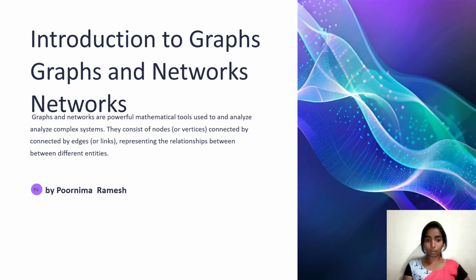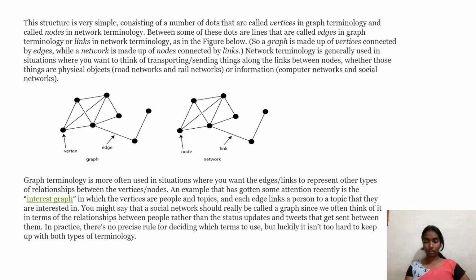Graphs and networks are powerful mathematical tools used to model and analyze complex systems. They consist of nodes connected by edges representing the relationship between different entities. This structure is very simple, consisting of a number of dots that are called vertices in graph terminology and called nodes in network terminology.